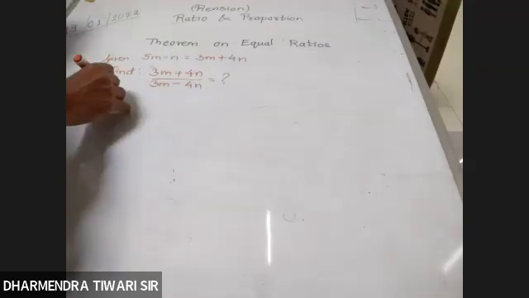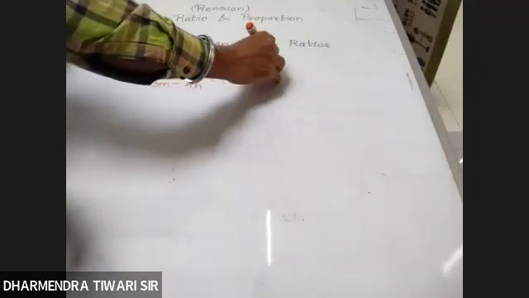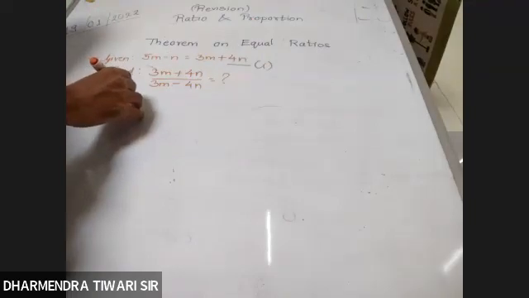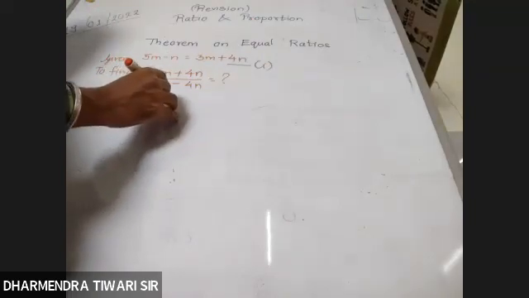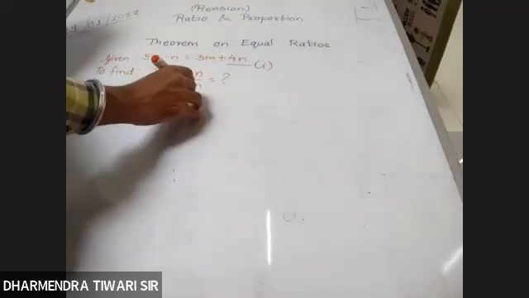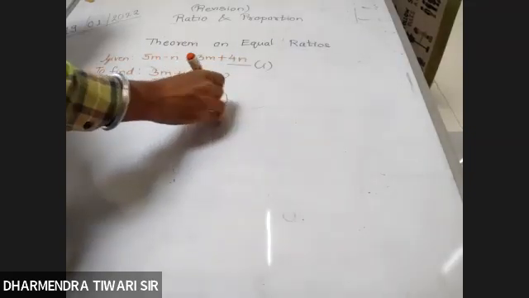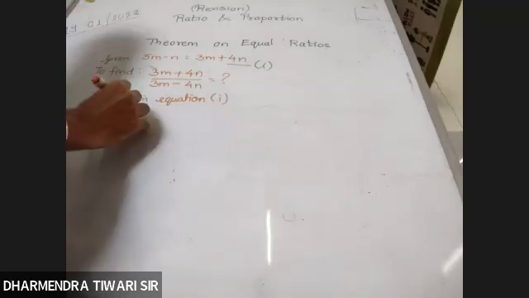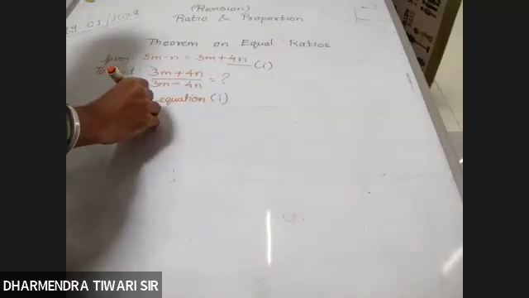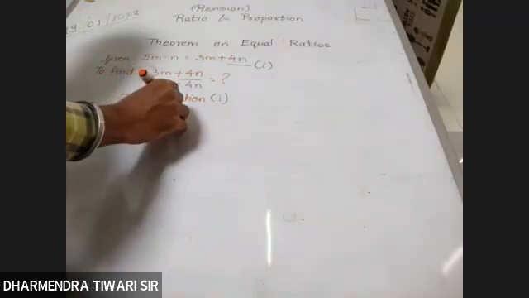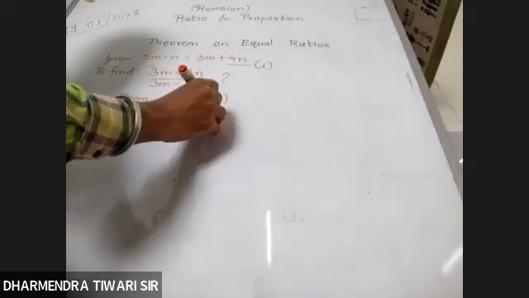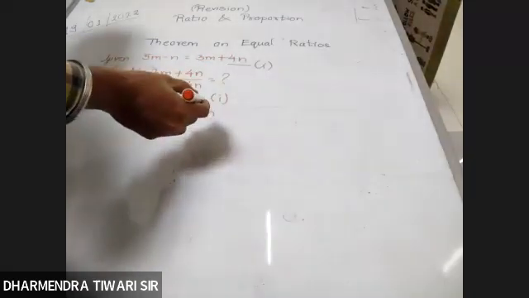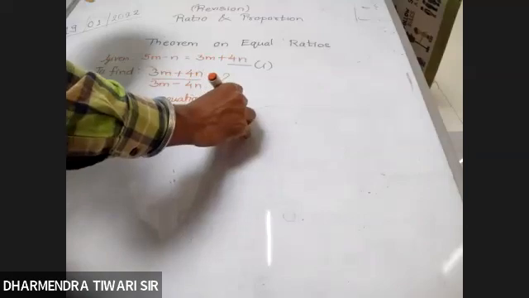From this equation, from equation 1, what we are having, just take all the terms of m together, that is 5m minus 3m is equal to 4n. Taking minus n to the right hand side, we take a positive sign.